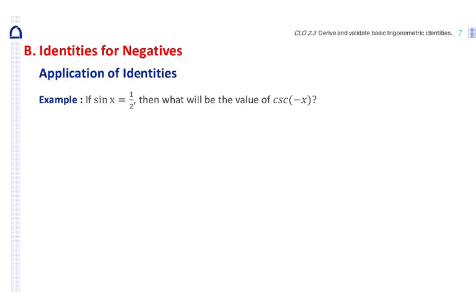So in addition to verifying, we can apply and answer questions. So let's look at cosecant of negative x. I like to move things in terms of sines and cosines. So this is 1 over the sine of negative x.